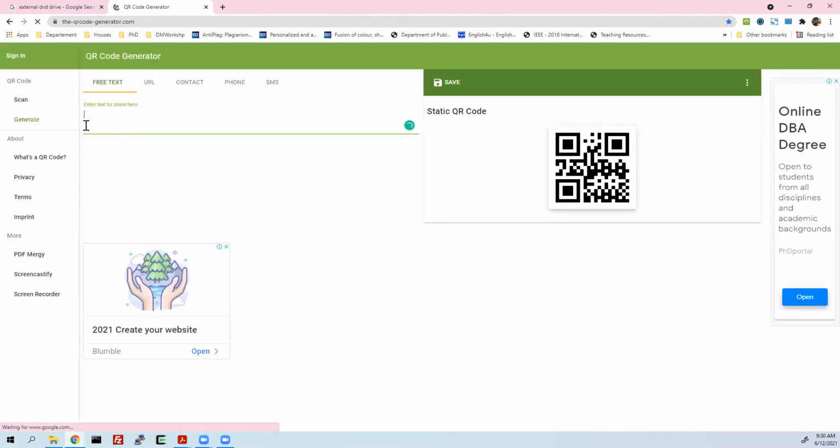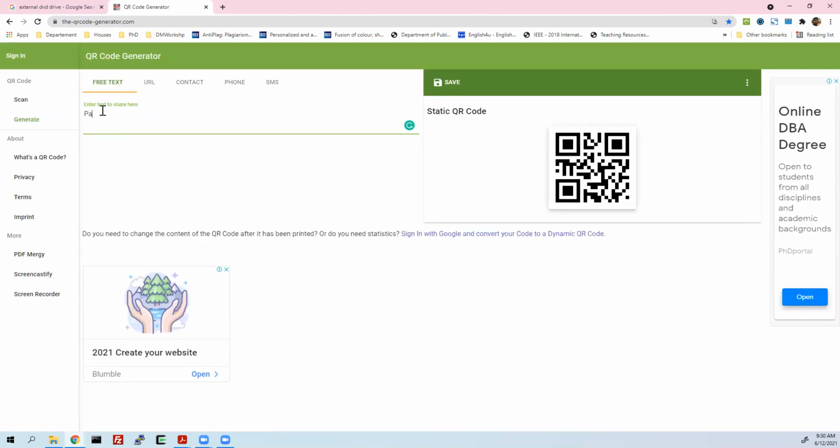For example, whatever text you want, you can put it in. So this is how this piece of text is there. Or you can have a URL.